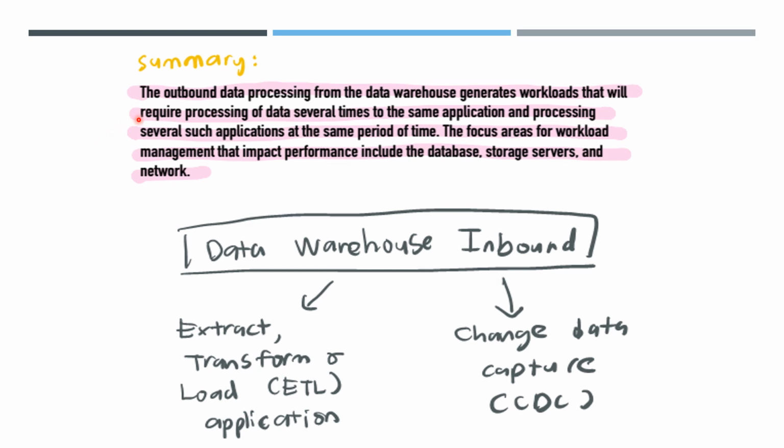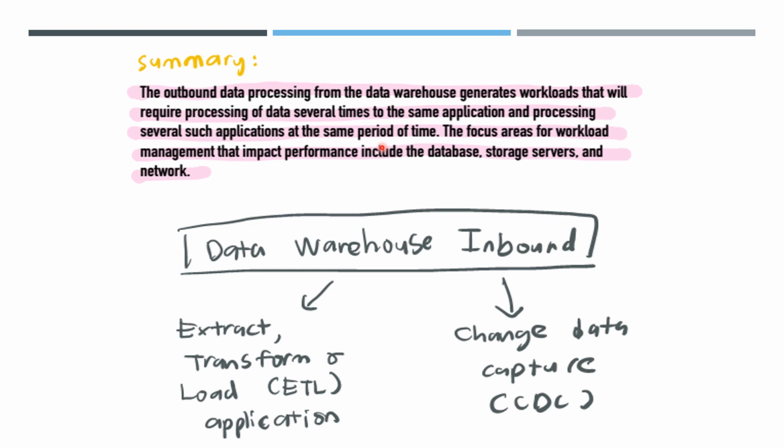As a summary, the outbound data processing from the data warehouse generates workloads that will require processing of data several times for the same application, and processing several such applications at the same period of time.